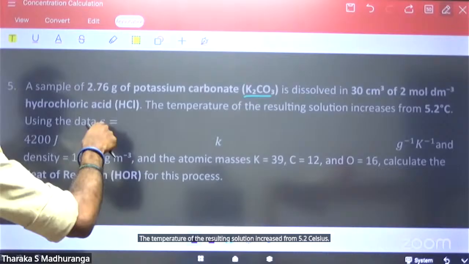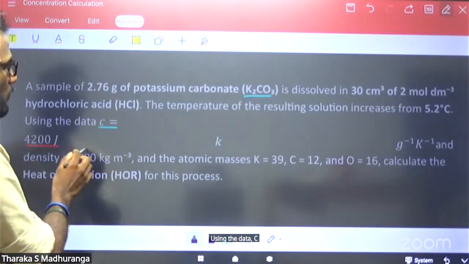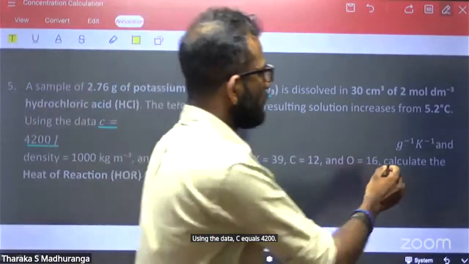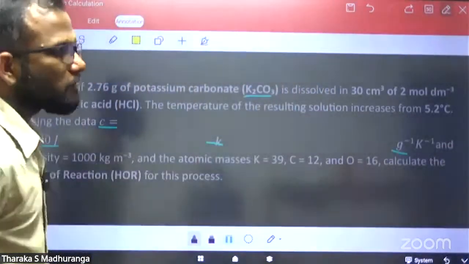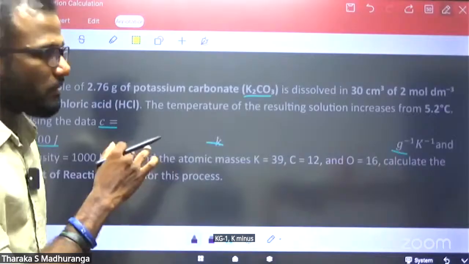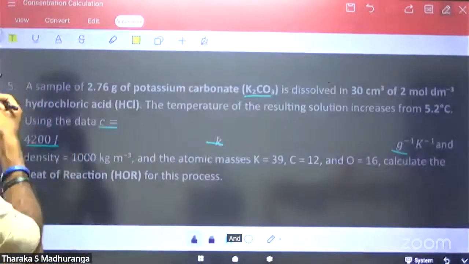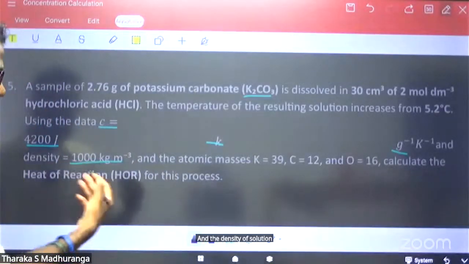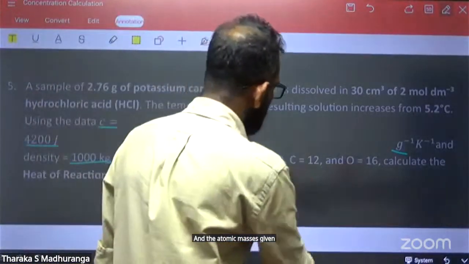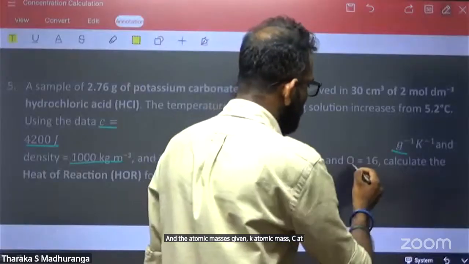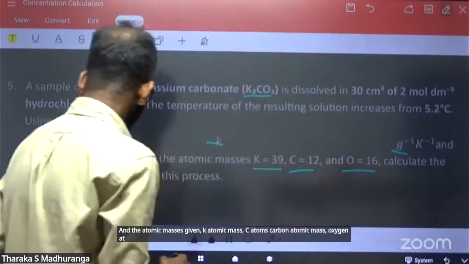Using the data, C equal 4200 J kg^-1 K^-1, it is given, don't think about this. And the density of solution 1000, that means water values, and the atomic masses are given.